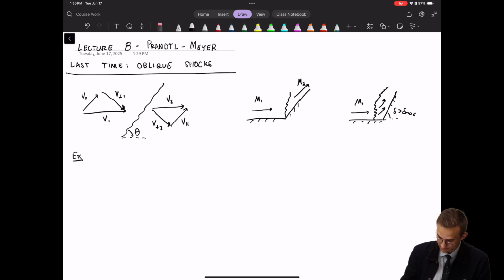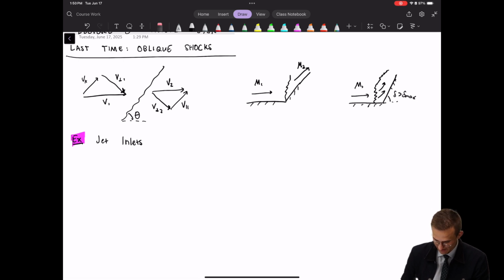One example of how you might use this structure in particular is the inlets to jets, and hopefully I'll have the chance to show you some detailed video that shows these shock structures.